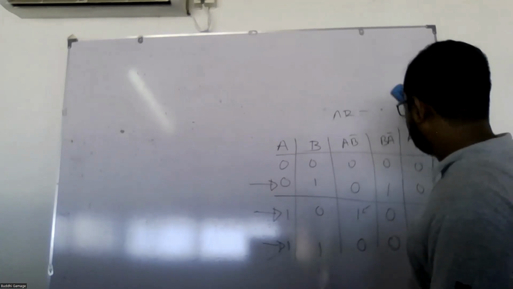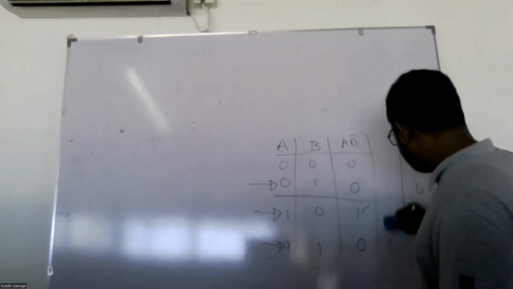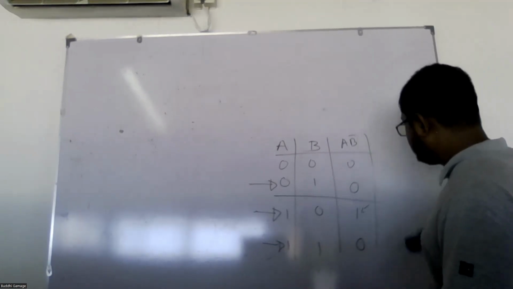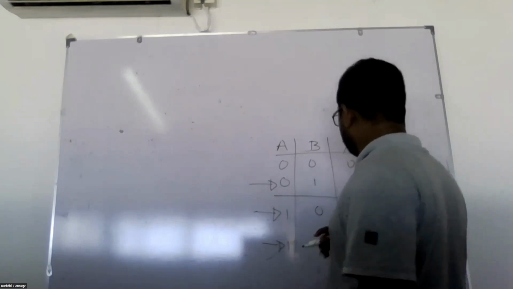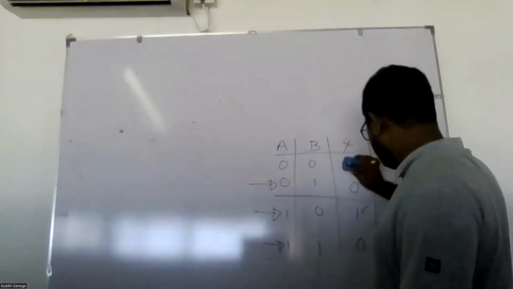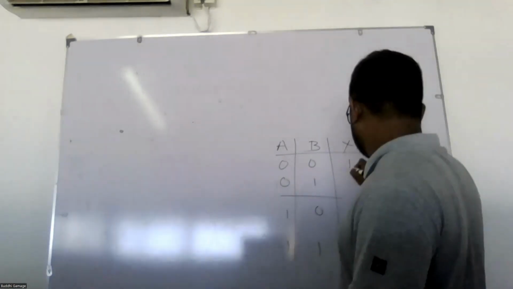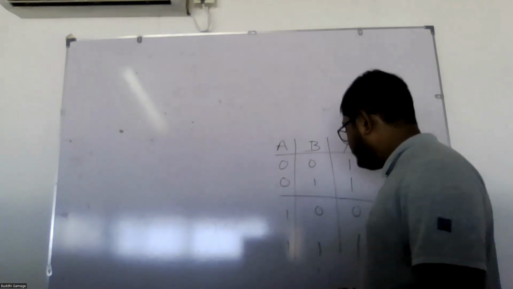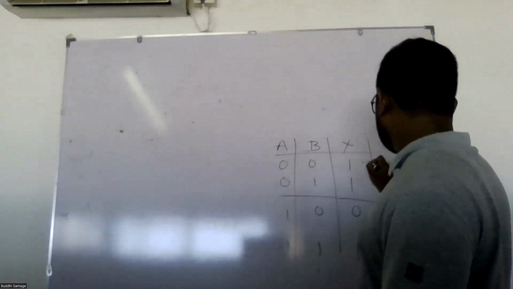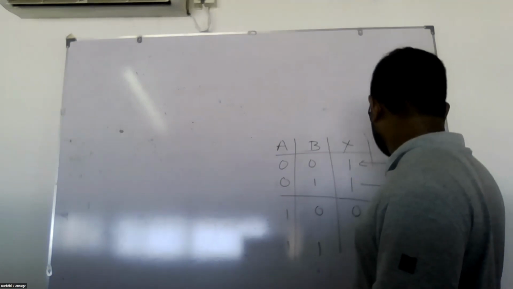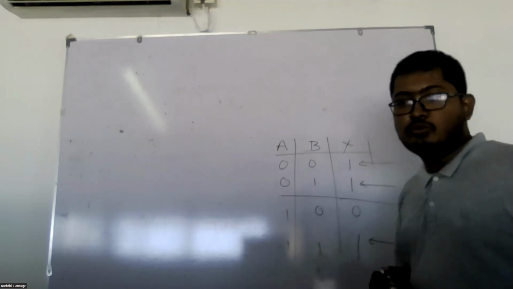Let's consider a truth table like this. Here, this row has the output true, this also has output true, and this also has output true.